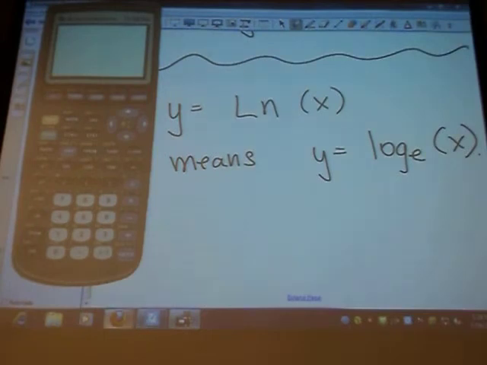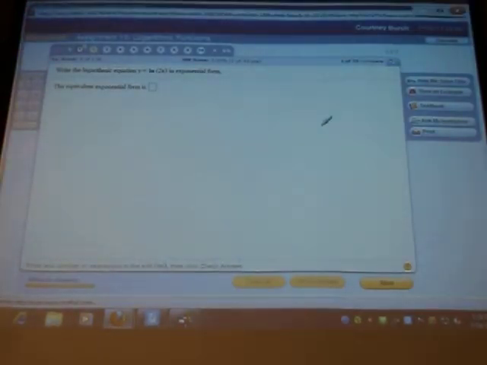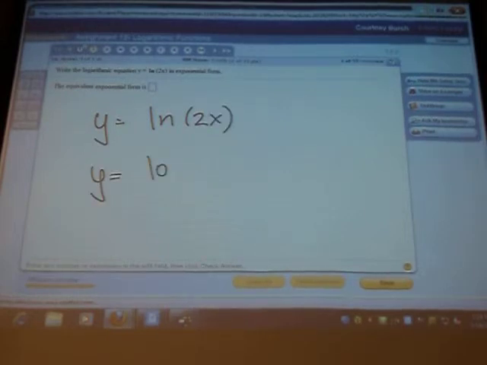So on number 2, LN of 2x. Your base is E, so I can think of that as log base E of 2x. I want to rewrite that as an exponential expression, without the log, in a way that tells me the exact same information.